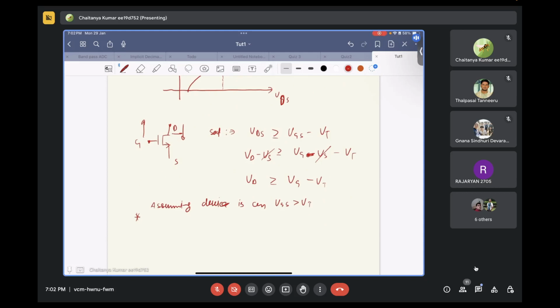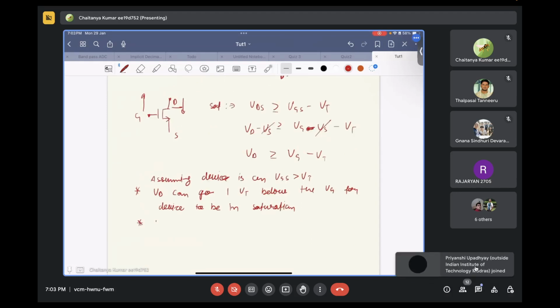If this condition is true, in that case, VD can go one VT below the VG for the device to be in saturation.